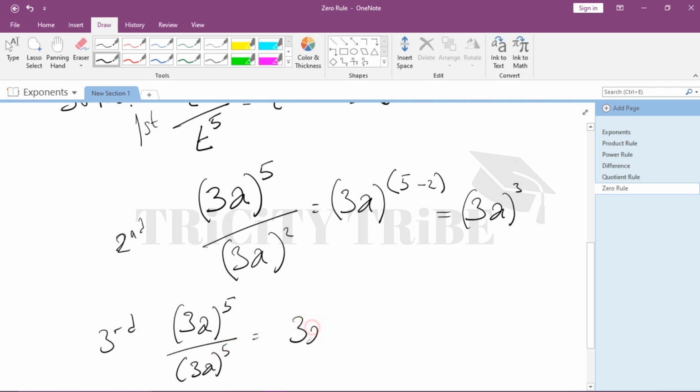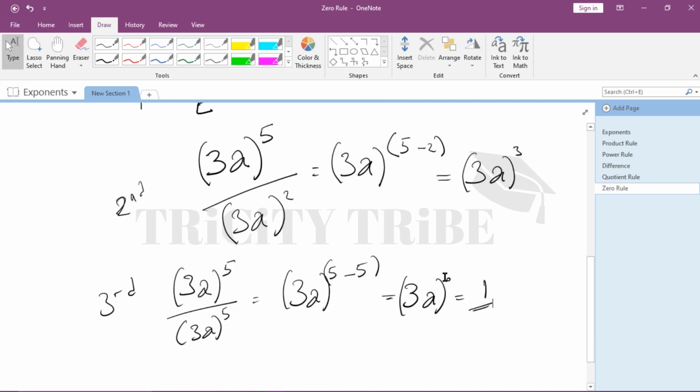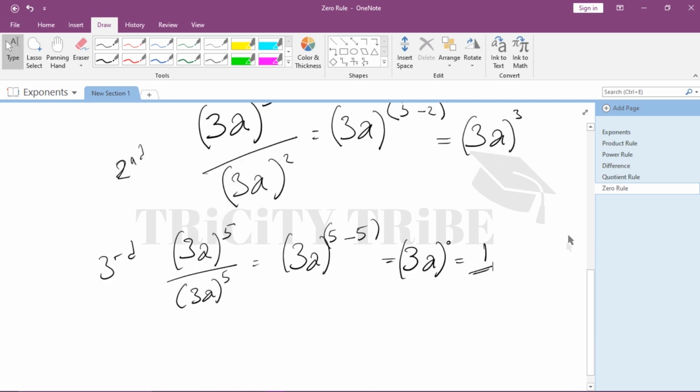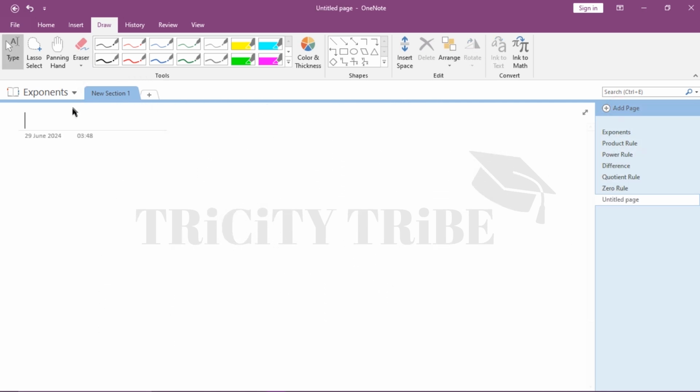That is 5 minus 5, and that gives us 3a raised to power 0, which is equal to 1. That is what the zero rule tells us. Anything raised to power 0 is 1. Now let's go to the last rule, and that's the negative rule.